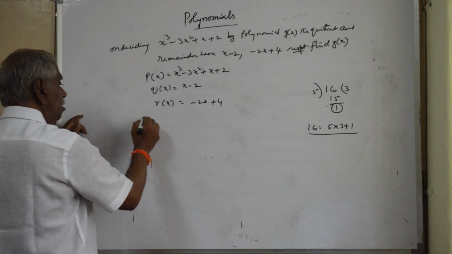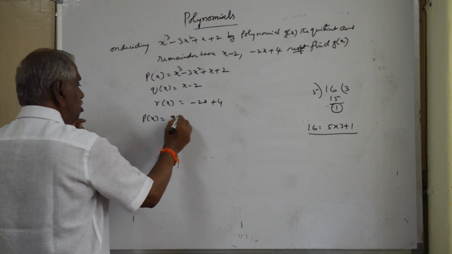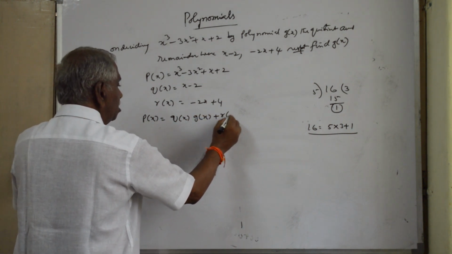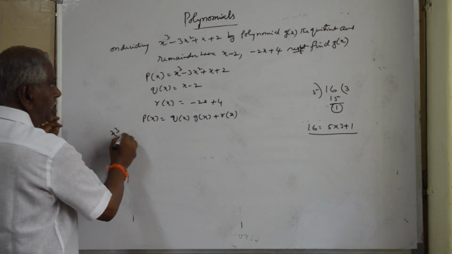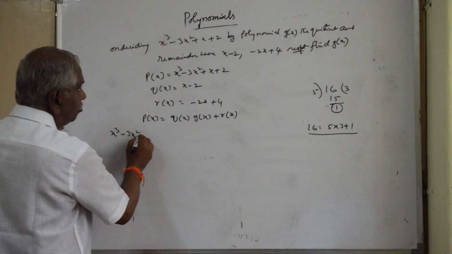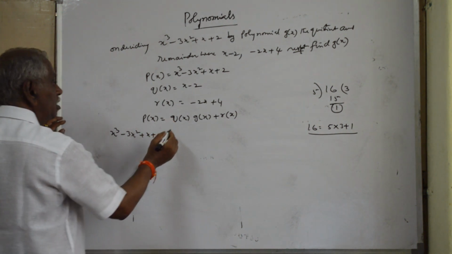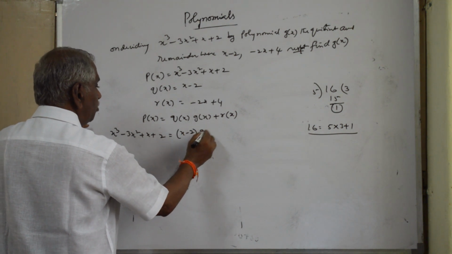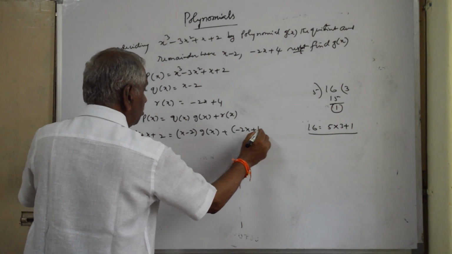Now what is the formula here? p(x) is equal to q(x) into g(x) plus r(x). This is the formula. Now here x cube minus 3x square plus x plus 2 is equal to the quotient x minus 2 into g(x) plus minus 2x plus 4.